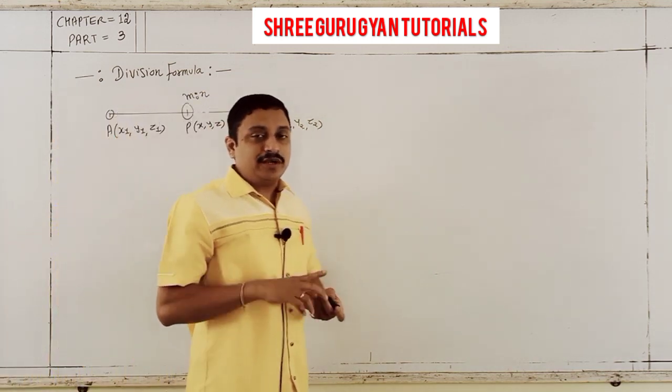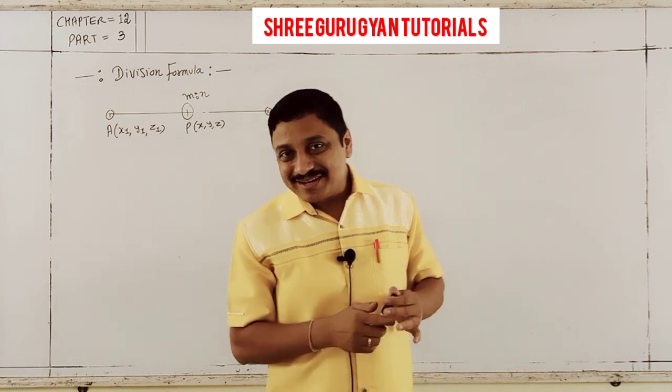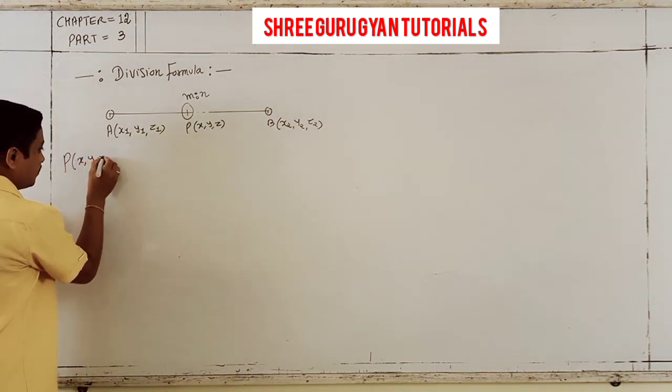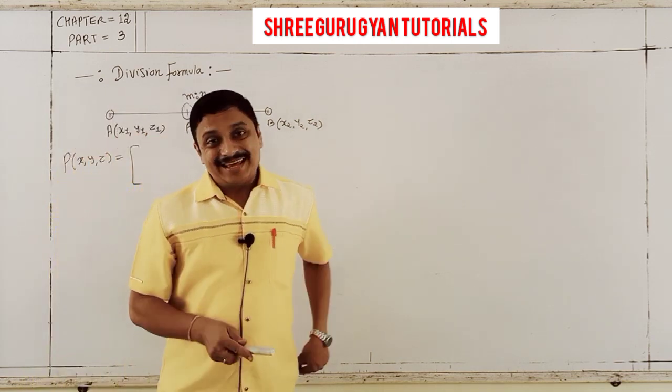It means point P divides AB from A's side in the ratio m:n. So the coordinates of P, x, y, z, you can easily write with the formula, which you already know.